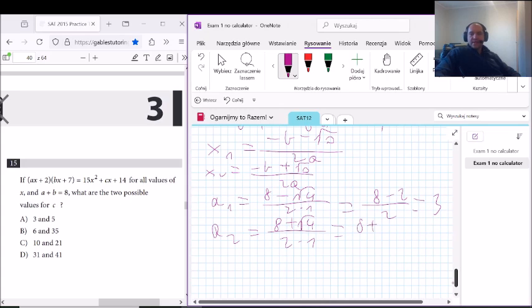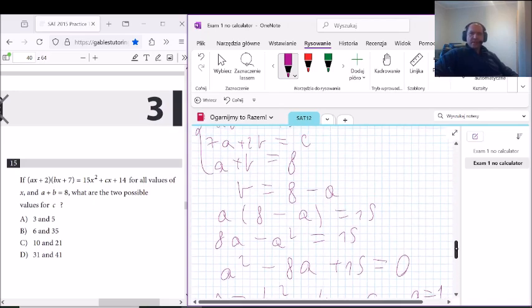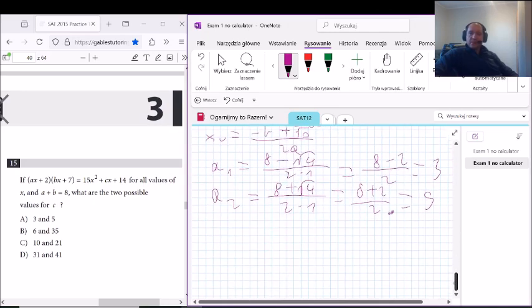It is 8 plus 2 divided by 2. 10 divided by 2 is 5. So we have two solutions, but actually they give the same pair of numbers. If a equals 3, then b equals 8 minus 3, which is 5. And if a equals 5, then b equals 8 minus 5, which is 3.